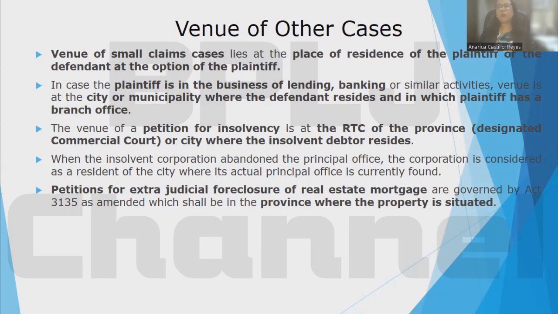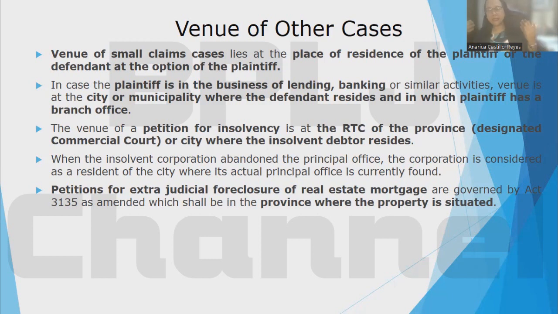With respect to petitions for extrajudicial foreclosure, the venue is in the place where the property is situated. So a while ago, we have already discussed that as a general rule, venue is determined by sections 1 to 3.